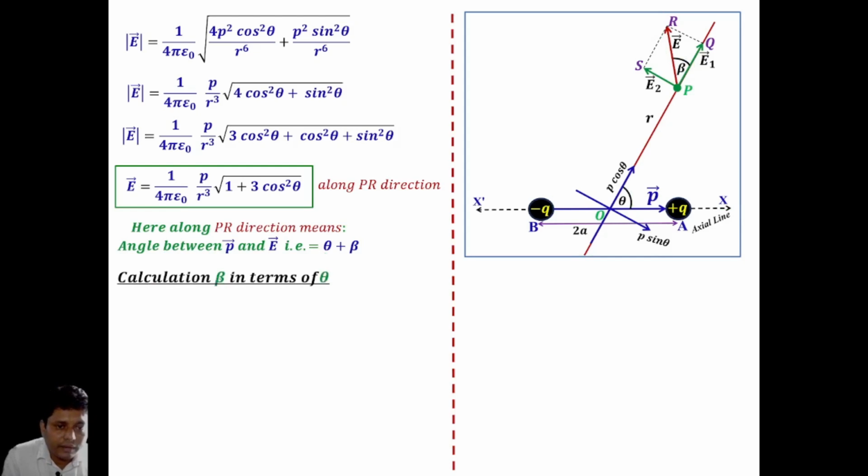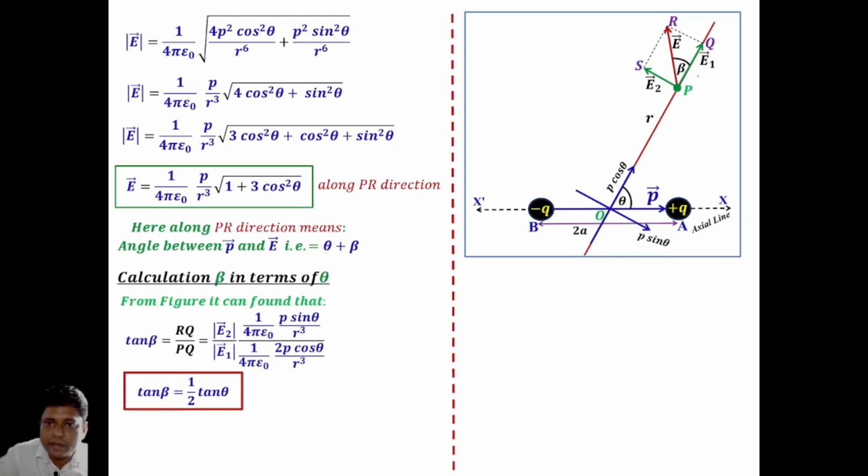Now we are going to calculate the value of beta in terms of theta from the triangle. If we consider the triangle, or you can see from the figure, consider the PRQ triangle, tan beta will be equal to how much?